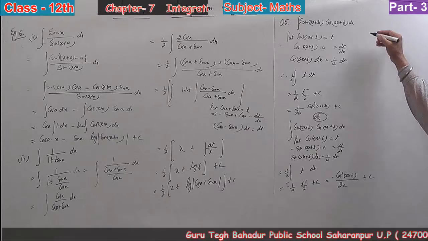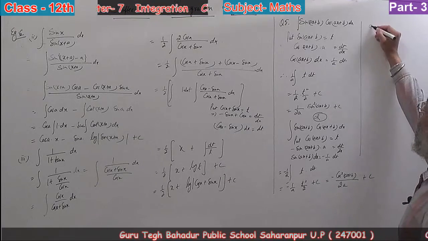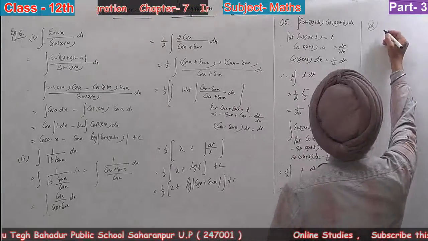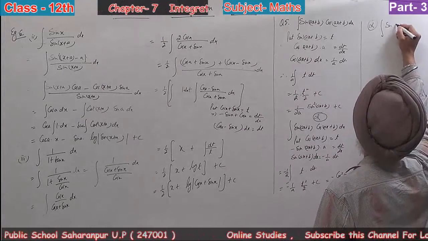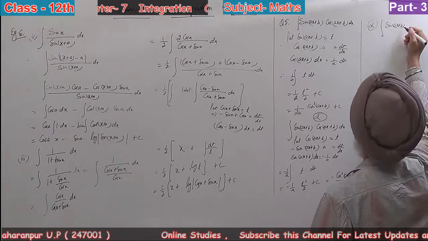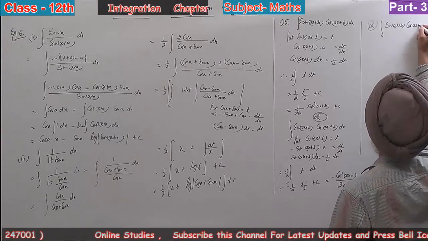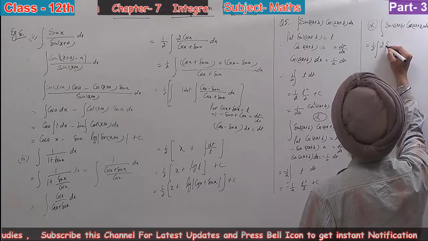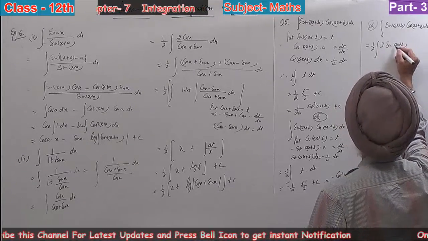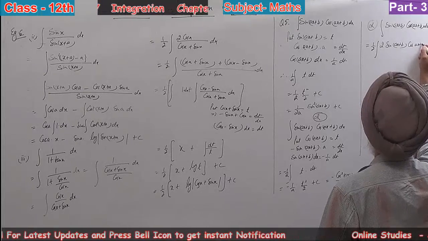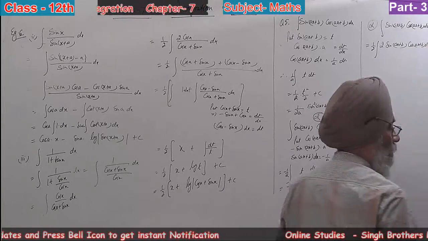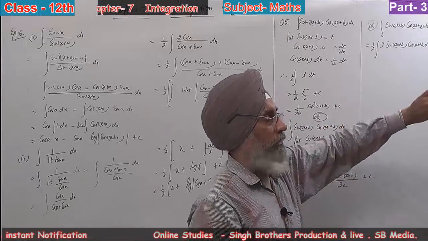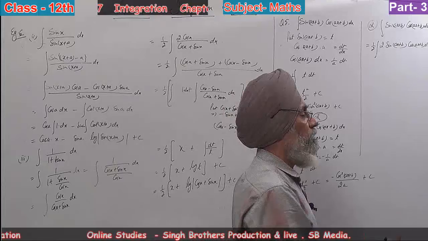The third method: if you take integration of sin ax plus b cos ax plus b dx, multiplying and dividing by 2, then by the formula 2 sin x cos x, where the angle is the same, 2 sin x cos x is sin 2x.